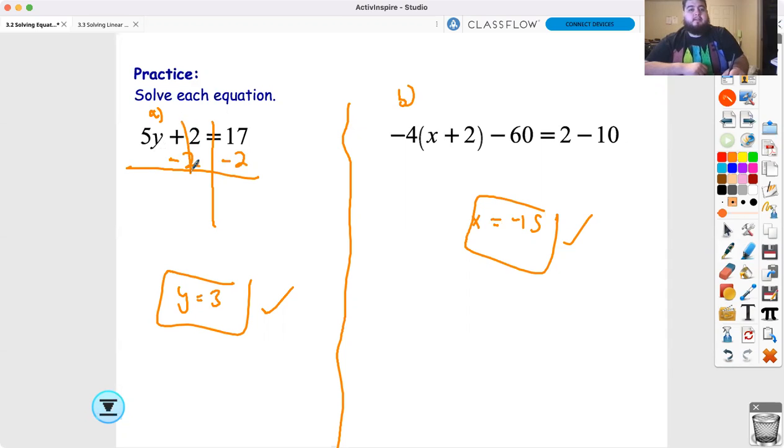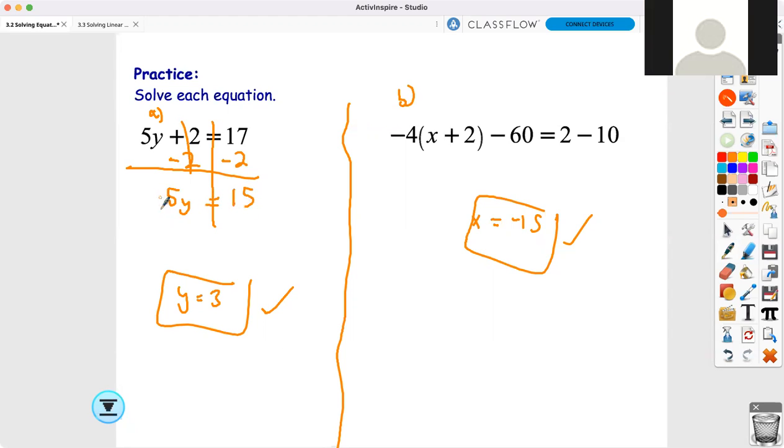Other. +2 cancels out, bring down the 5y. What's 17 take away 2? 15. Correct. Now, what's happening with 5 and y? What's the operation there that we do not see? Multiplication. Good.